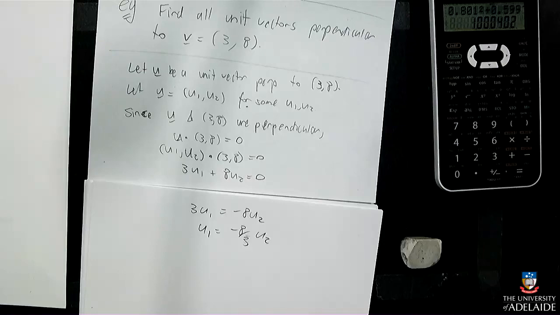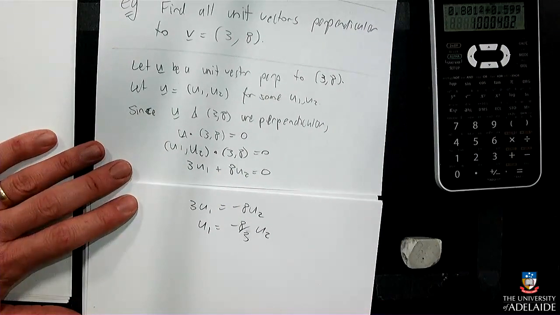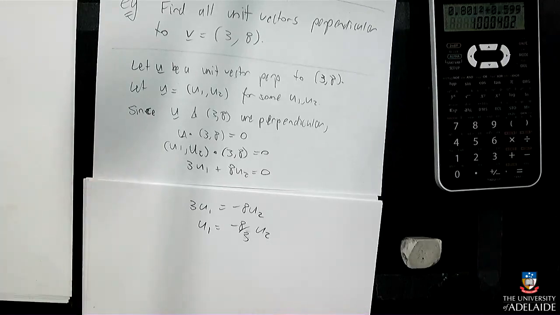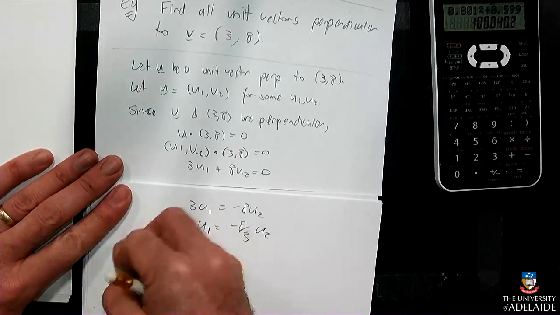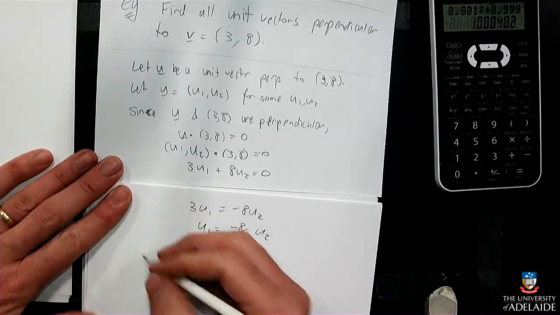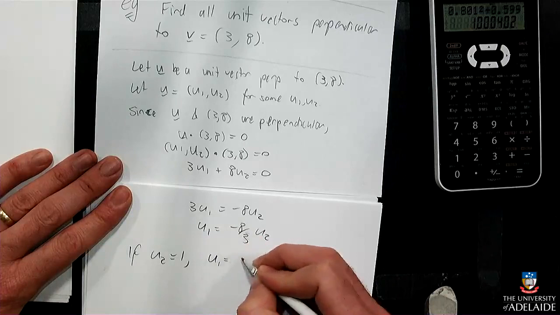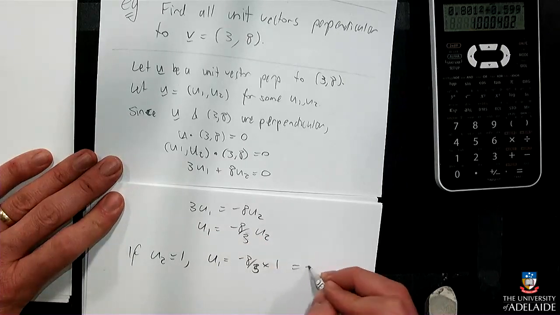Okay, right. So now I need a unit vector, right? But I can find just a vector that's perpendicular to (3, 8). For example, if u2 is equal to 1, then u1 would be minus 8/3 times 1, which is minus 8/3.